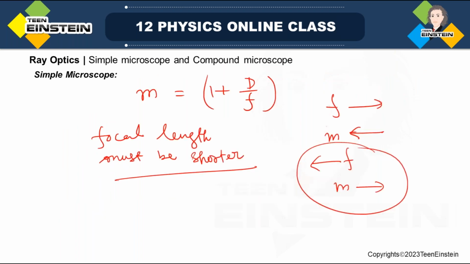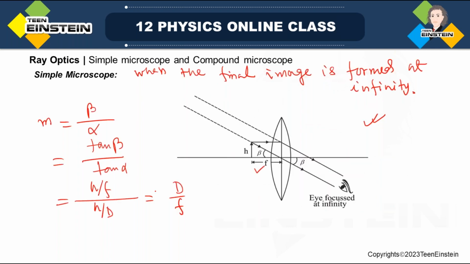See, when the image is formed at least distance of distinct vision, then it is 1 plus d by f. Now, when the image is formed at infinity, it becomes d by f, so less than 1, that is, minus 1.